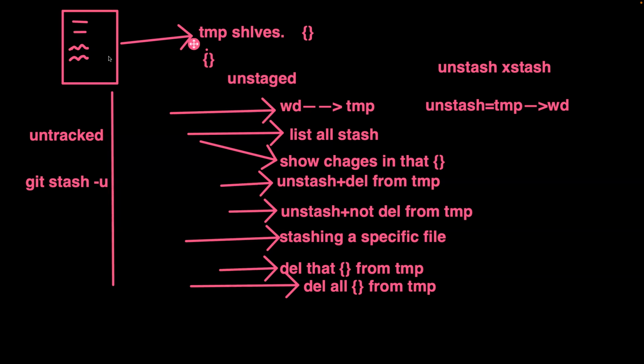Let's suppose this is the file I have. We did partial stash with -p, right? -p is about choosing which parts you want to stash. That -p stash can be used to stash particular lines also. In that case, if you want only this line to be stashed, you can stash this one.